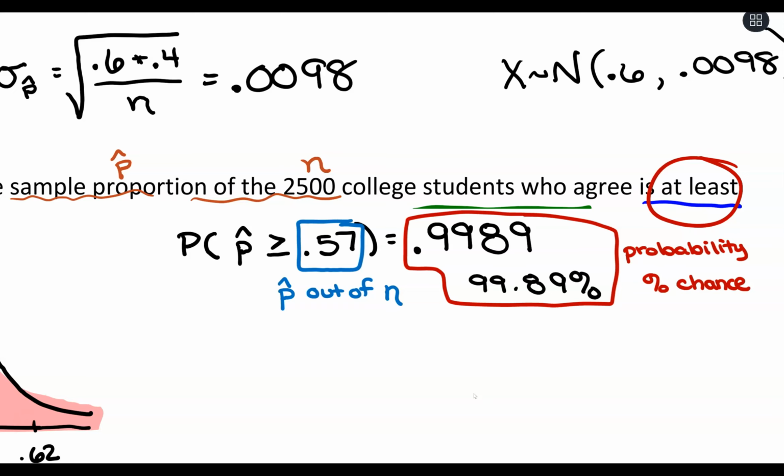So when we go to answer the questions, we want to be careful about which percentage is going where. I just start with the percent chance to get it out of the way, because that's really the answer we're looking for here. This whole question is, what's the probability?